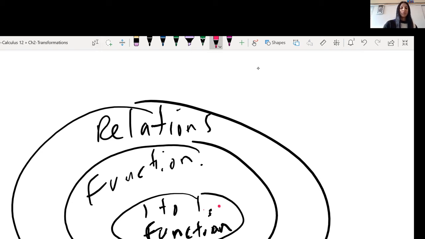We talked about one-to-one function. That is if it passes the vertical line test and the horizontal line test. And then if it doesn't pass that, I would call it a function. If it only passes the vertical line test, it's a function. But if it doesn't even pass the vertical line test in the first step, it would be a relation.